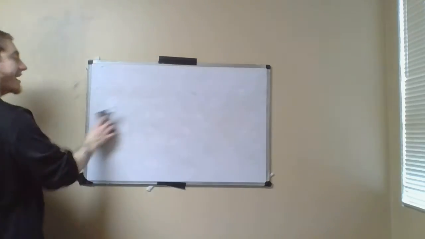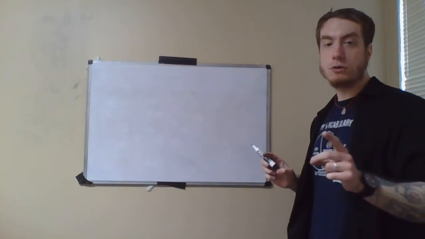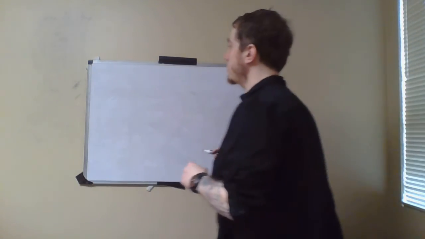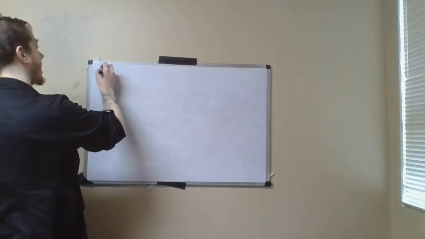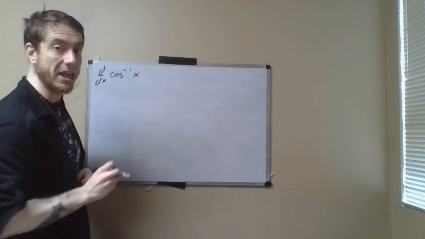Okay, so moving back to taking derivatives of inverse trig functions, here's what I would like you guys to do. I want you to take a moment and see if you can work out the derivative of cosine inverse x for me.